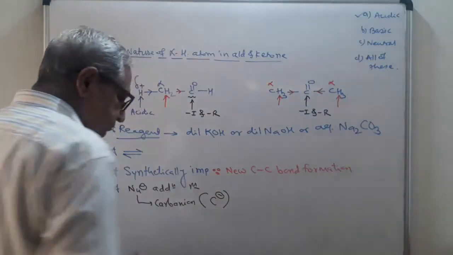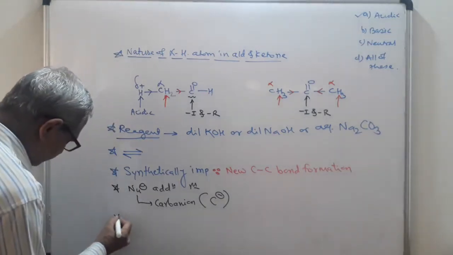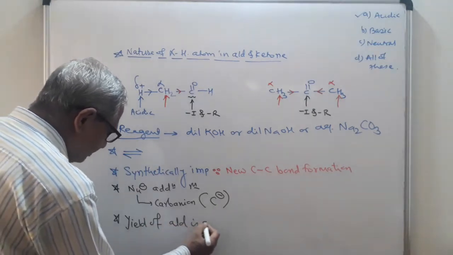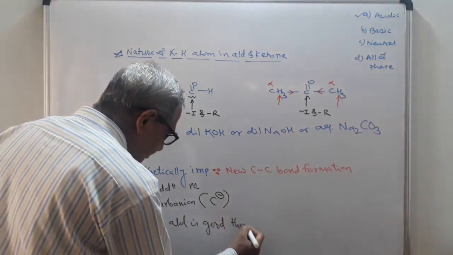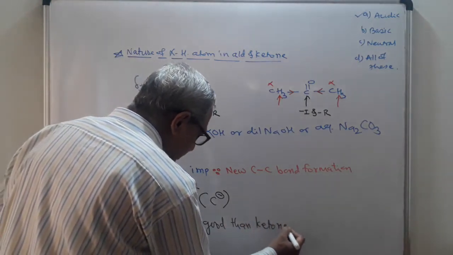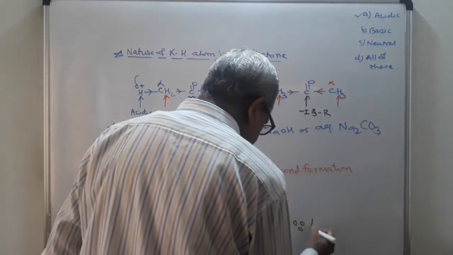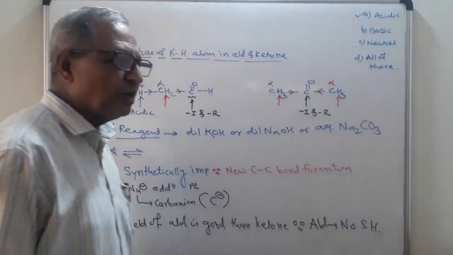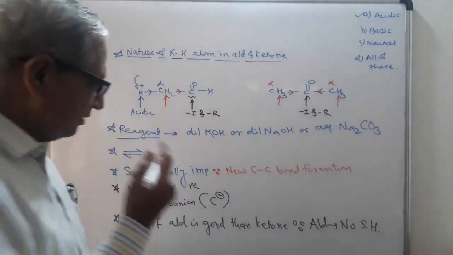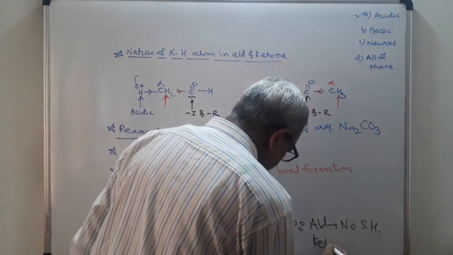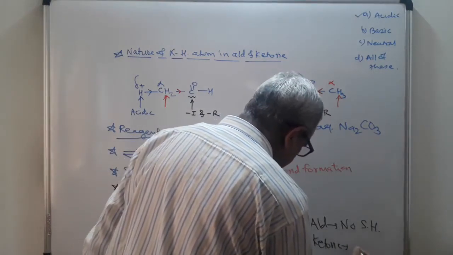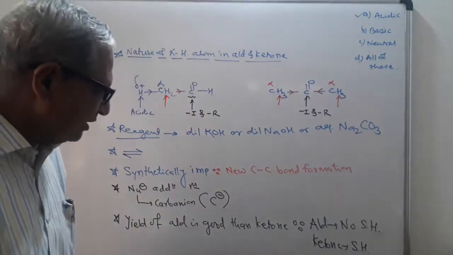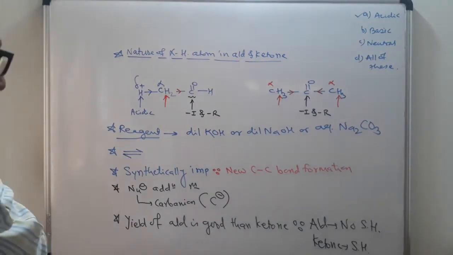Then next question, the yield, that is the formation of the product, the percentage of the yield of aldehyde is better than ketone, because in aldehyde there is no steric hindrance, SH stands for steric hindrance, because one of the groups is a hydrogen, while in ketone one of the hydrogens is replaced by an alkyl group, so there is a large, or maximum, steric hindrance, therefore ketones are less reactive than aldehydes.